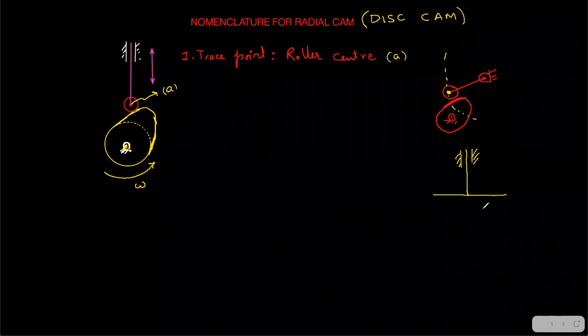And then for instance, this is the surface in contact. This is the cam. Okay, let me draw it further in a proper sense. Okay, let's say that this is your cam. Fine. And this is the center, right?